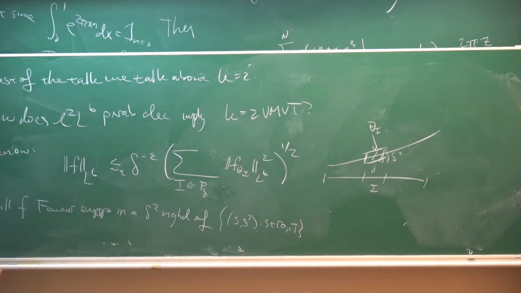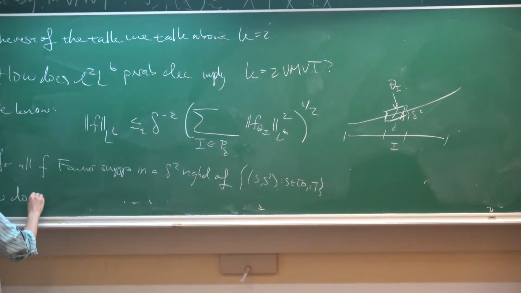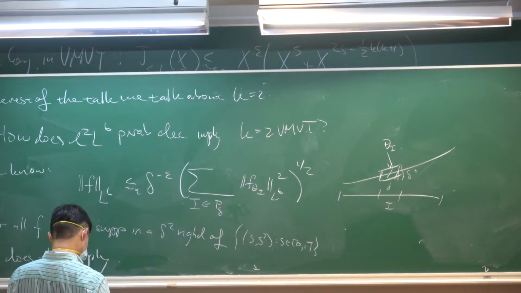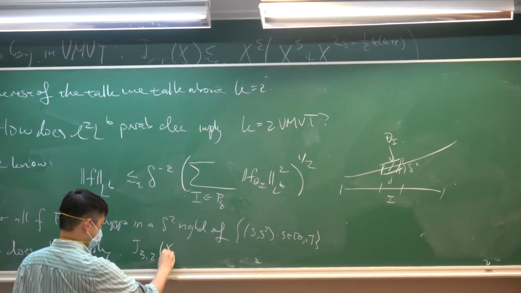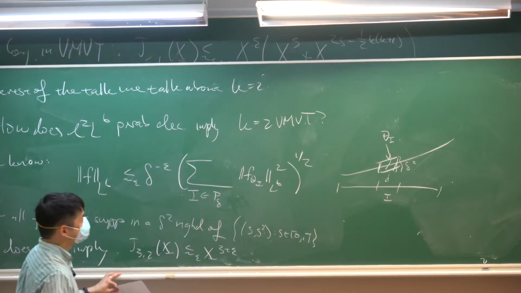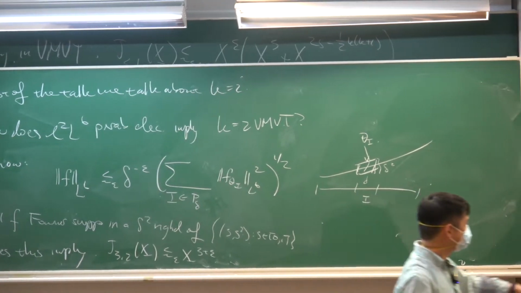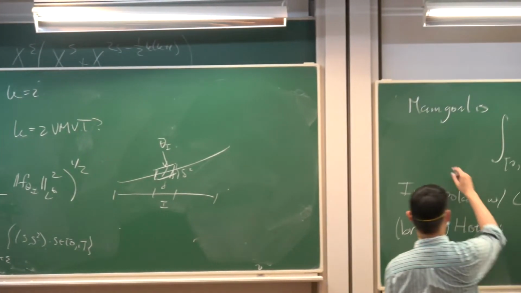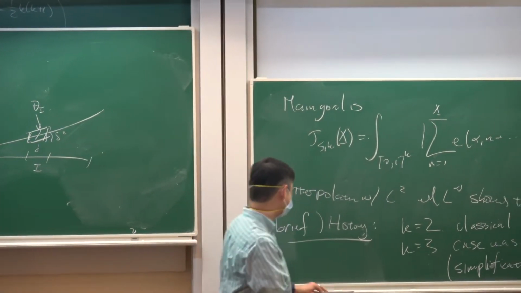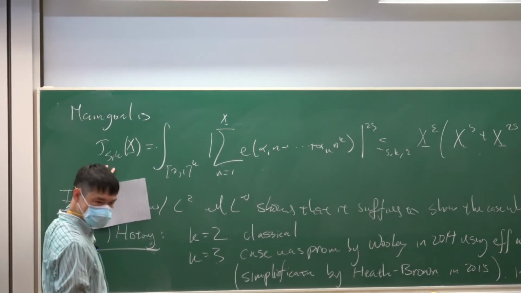How does this imply J_{3,2}(x) is less than x cubed plus epsilon? Right? So when k equals 2, so let's write this down. Okay, when k equals 2, the critical exponent was when 2s equals 6, so s is 3.